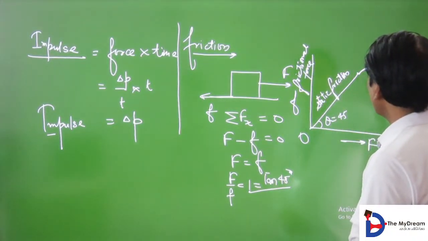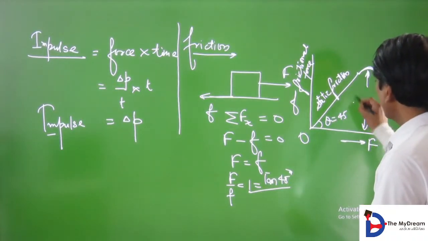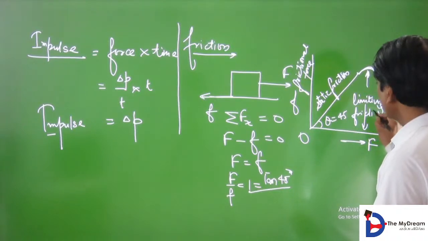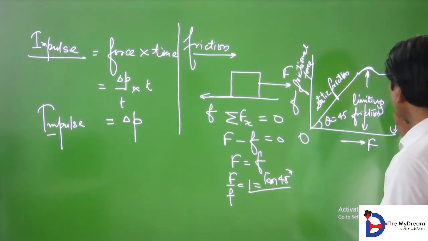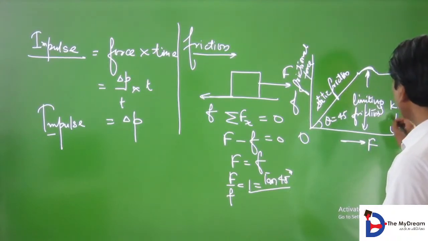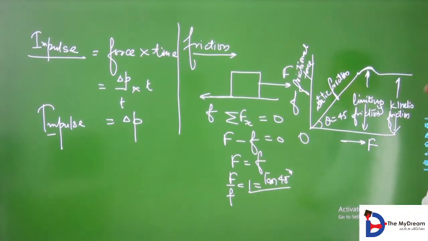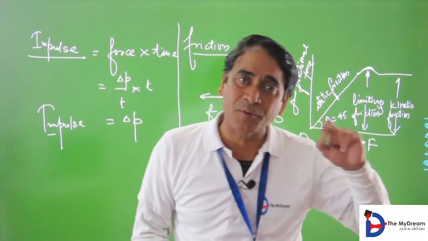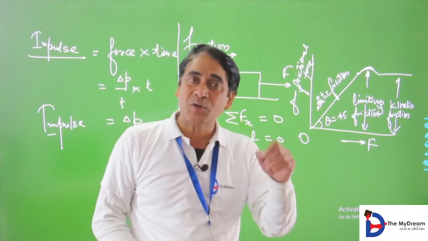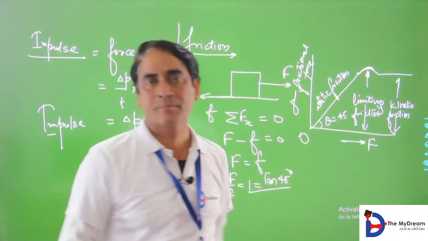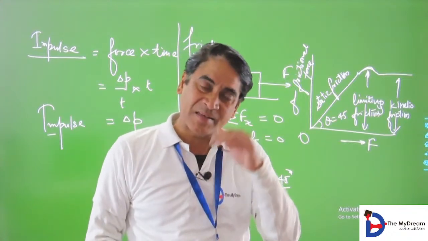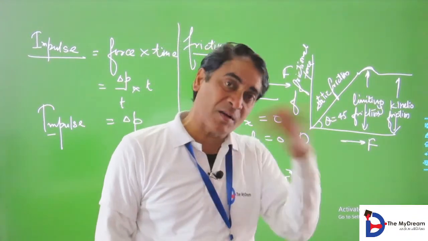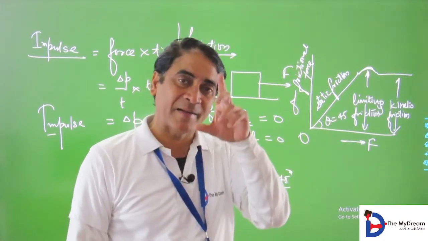And after this, its position is this, and after this is the limiting friction, the limiting friction, and this is the kinetic friction. What is static friction? Static friction is a self-adjusting force of friction which is due to the molecular interaction between the surface and that object. And the maximum force of friction with respect to static friction, that is the limiting.